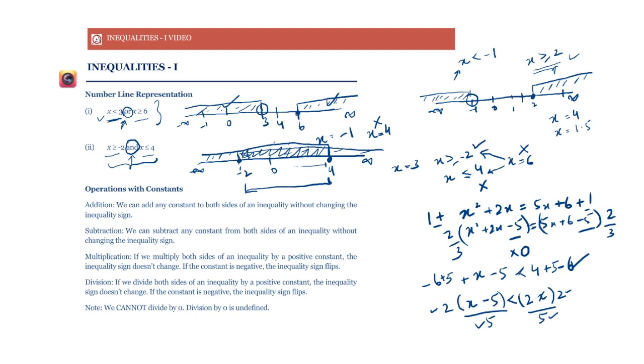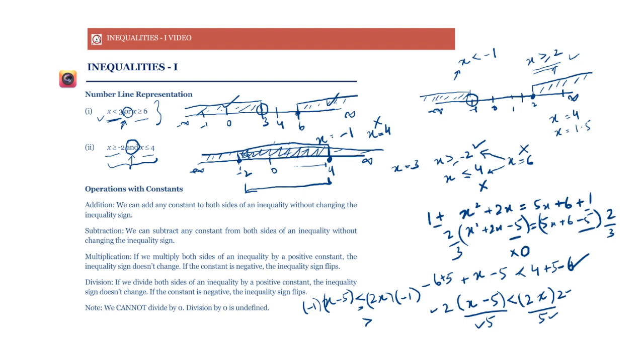Now, what happens if the number is a negative number? Say we have x minus 5 is less than 2x. What if I multiply both sides by, let's say, -1? Then the inequality sign flips and, since this was a less than sign, it becomes a greater than sign.